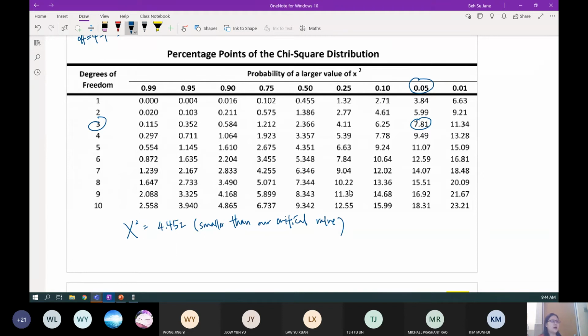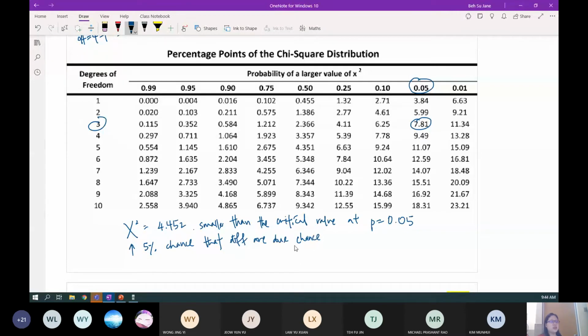So how should our phrasing be? The first sentence should be: chi-square value is smaller than the critical value at p equals 0.05. So there is a more than 5% chance that differences are due to chance.